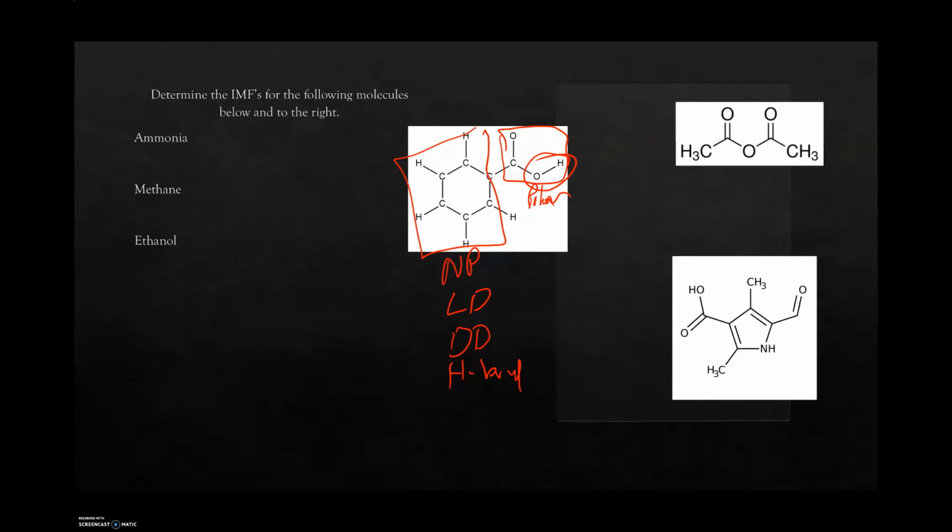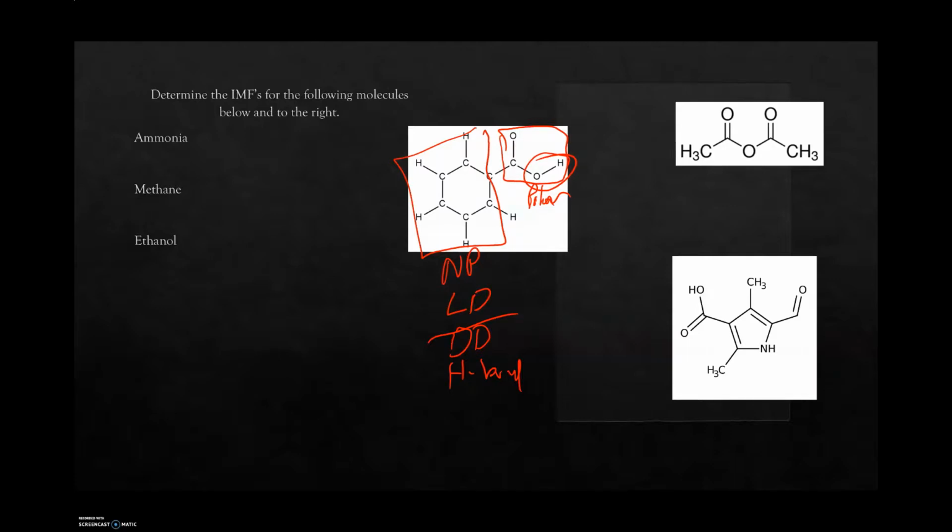Now which of those three is going to be the dominant force? So this is where the trickiness comes in. Dipole-dipole is not going to be in play here. It's going to be between London dispersion and hydrogen bonding because it's still a bigger molecule. This molecule is going to be kind of split, it's going to be 50-50.